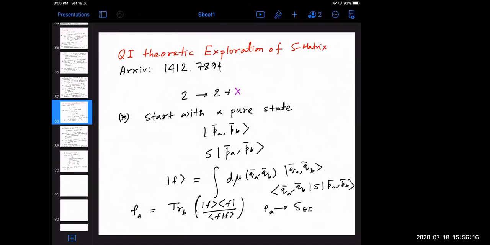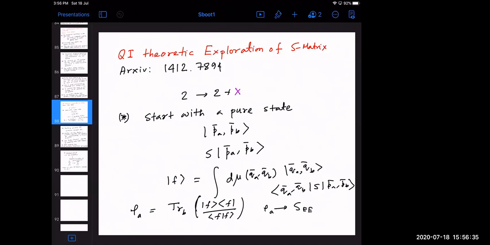But I don't think you are going from a pure state to a mixed state. So I don't see any contradiction with unitarity. I might be wrong, but you can correct me. Yeah, F is actually a pure state. You're right.